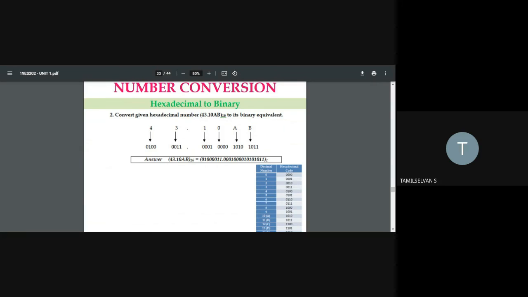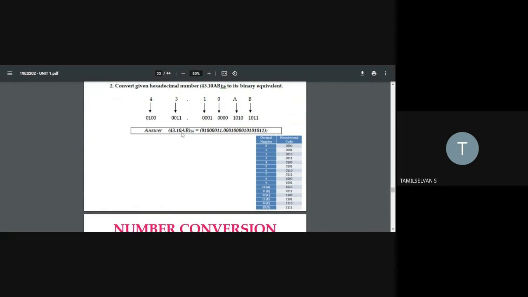So 4 is 0100, 3 is 0011, 1 is 0001, 0 is 0000, capital A is 1010, capital B is 1011. This is the equivalent binary number for the hexadecimal number 43.10AB.